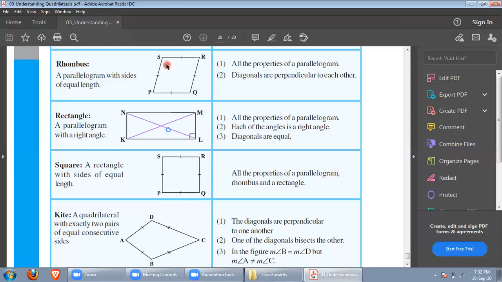For a rhombus, why do they bisect each other perpendicularly? This can also be shown by the knowledge of the congruence theorem. You can check out how they bisect each other perpendicularly in a rhombus.